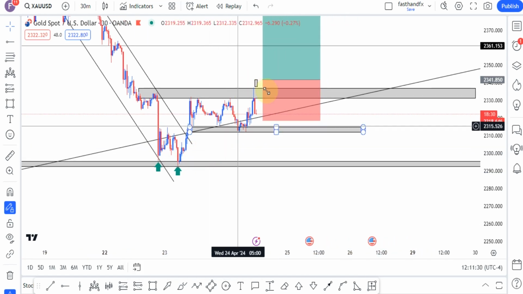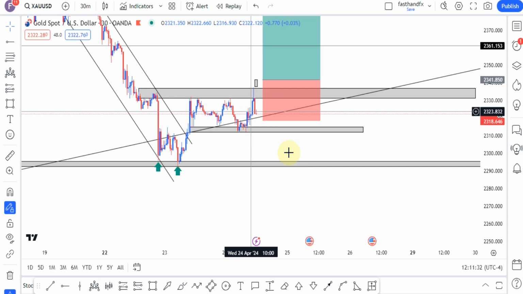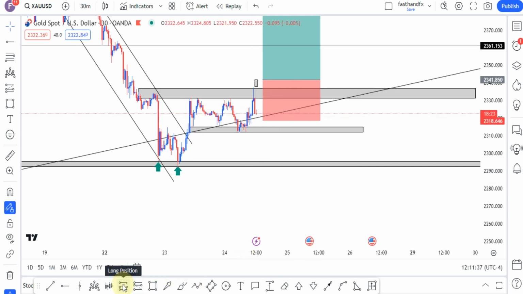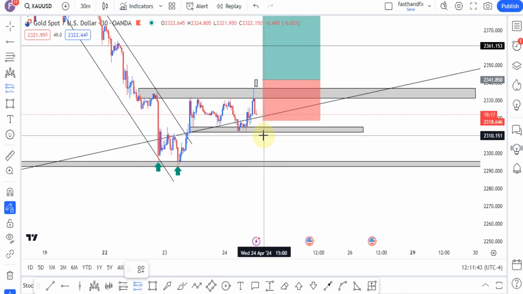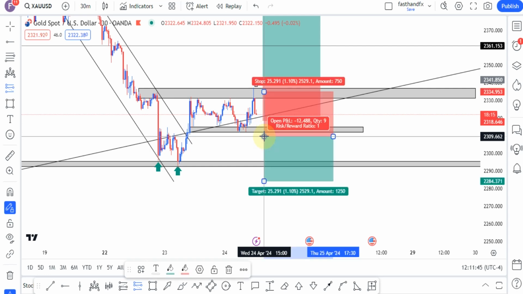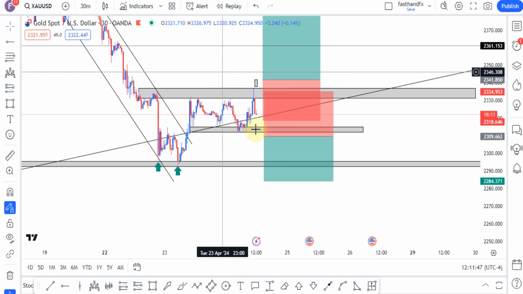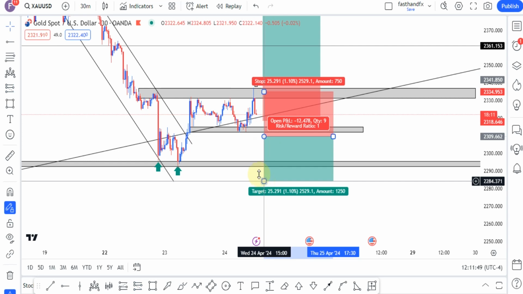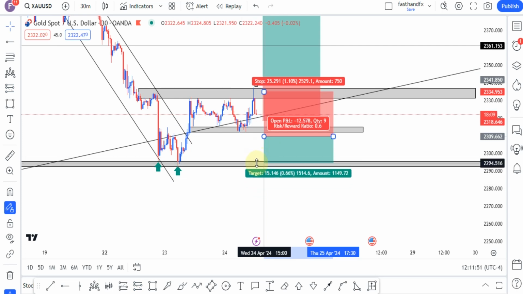If it doesn't break above, it will come down to retest this area, and that will mean that you can take your short position from this point. Maybe take your sell position from that point, and this will be a short term to this point.